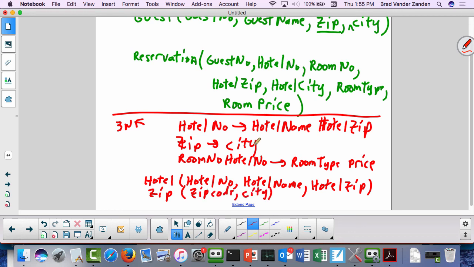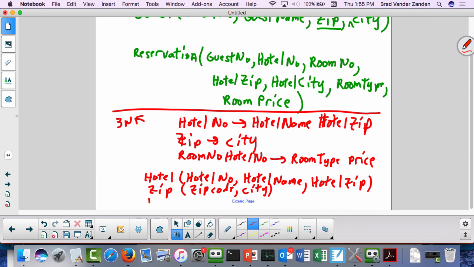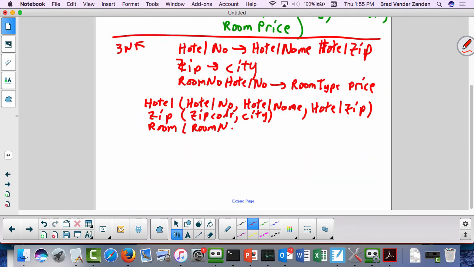And the last one is room. So it has room number, hotel number, room type, and price, which is exactly, except for the zip code one, what you had for the hotel relations in your homework. So that's how you actually got to it.